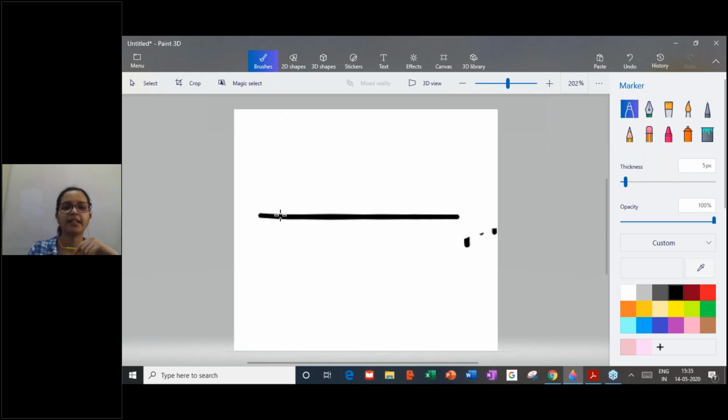Take any point and measure. What is your question? 9.3, right? So measure 9.3 units. This should be 9.3. Then from here take an additional 1 unit. This should be 1, right?